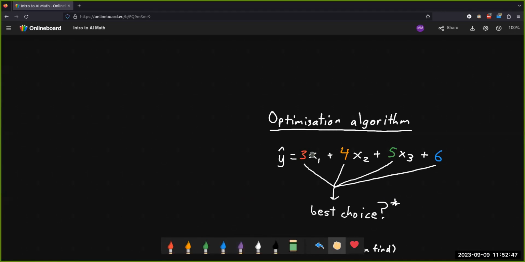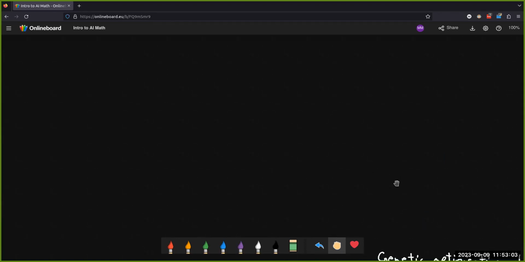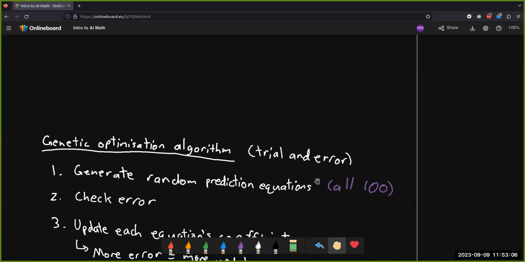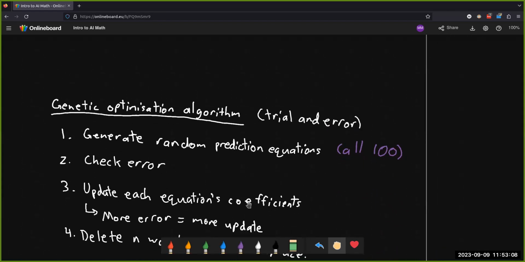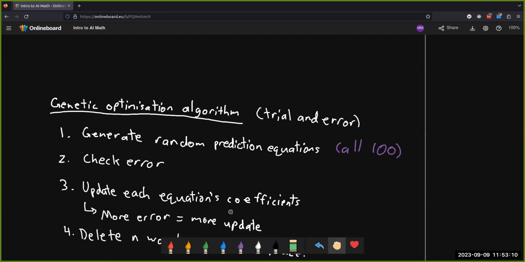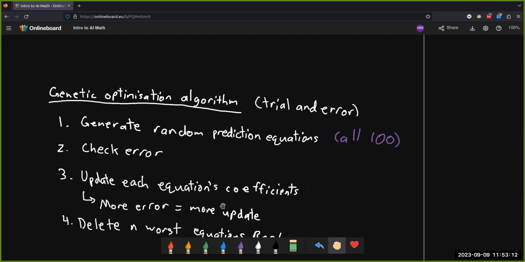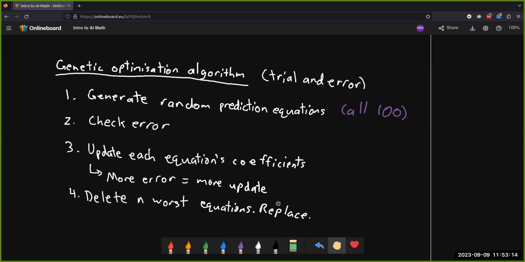Then we might say, okay, this 3, we need to really, really change it. This is not working at all. Let's add 1,000 to it. But if it turned out that this equation was working very well, we might not change the 3 very much. We might add like 0.1 to it. So the equations that are performing best get less updates. The equations that are really, really wrong, they get more updates.